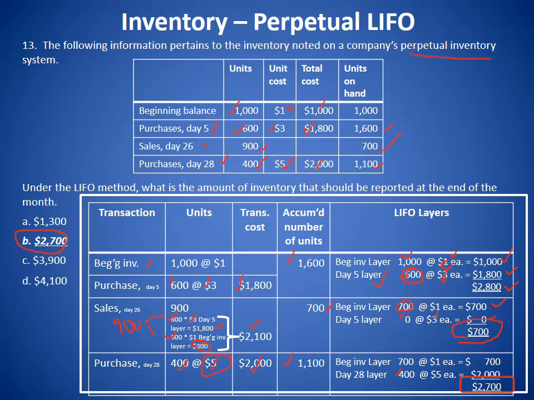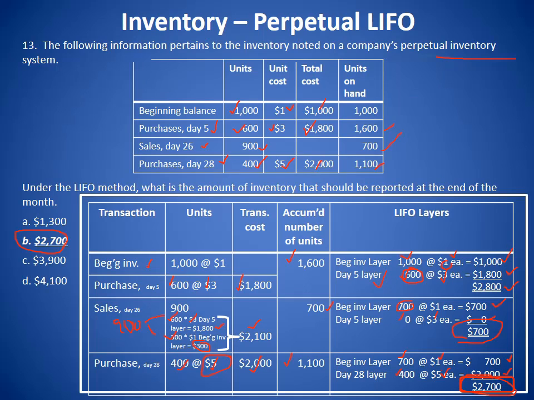So the total cost of my day 28 layer is $2,000. My beginning inventory layer still remains the same since I didn't have to liquidate anything. So it's going to be 700 units times $1 each equals $700. So my total cost is equal to $2,700, which corresponds to our answer B, $2,700.